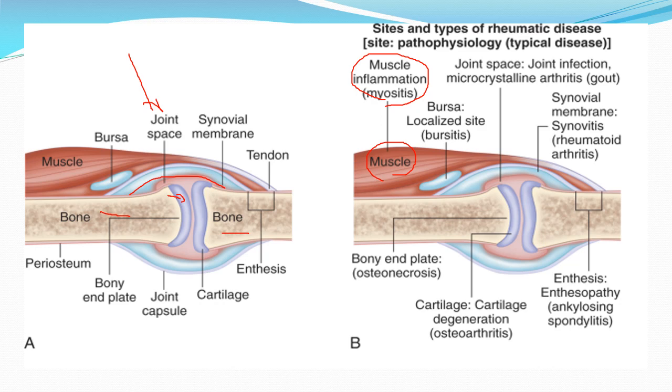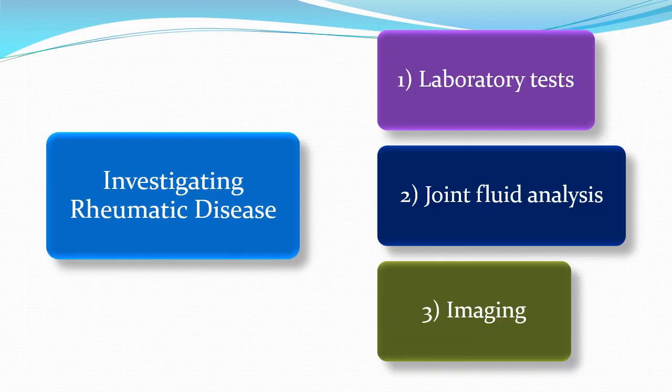Or we can have a degenerative process, which might involve the cartilage, and the prototype for this is osteoarthritis. Or, as we mentioned, we can have an inflammation in this zone, the area of attachment of the tendon or the ligament to the bone, which we call enthesis or enthesopathy, and the prototype for it is ankylosing spondylitis. And finally, the primary target for inflammation might be the synovial membrane itself, and the prototype for this is rheumatoid arthritis.